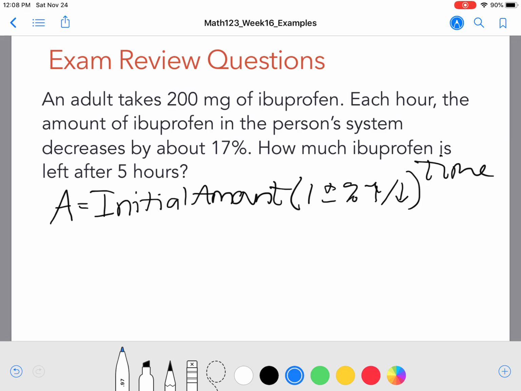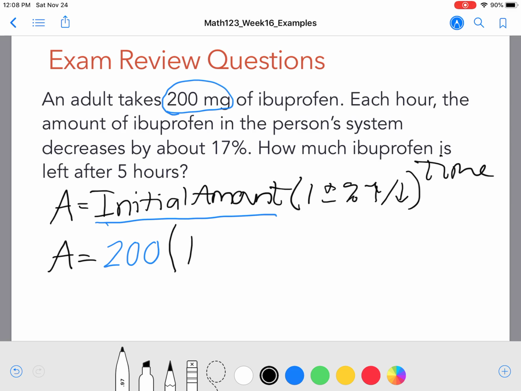So in our case, let's go ahead and plug in some of these values. So initial amount is the amount that the person initially takes. So that's going to be the 200 milligrams. So I'm going to have amount equals, go ahead and use some color coding, my 200. And then I'm going to have times 1, and then this is a decrease type question.